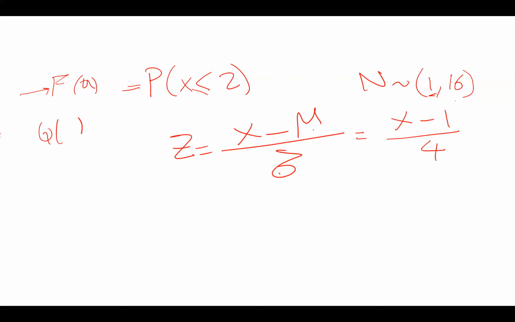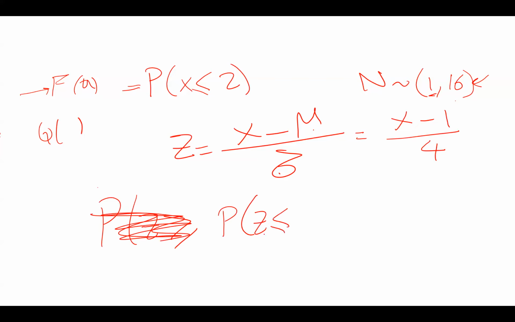Now I convert it from the specific form to the standard zero-mean form. Now I take this and calculate. So here we have the probability that z is less than or equal to, and substituting, 2 minus 1 is 1, divided by 4.